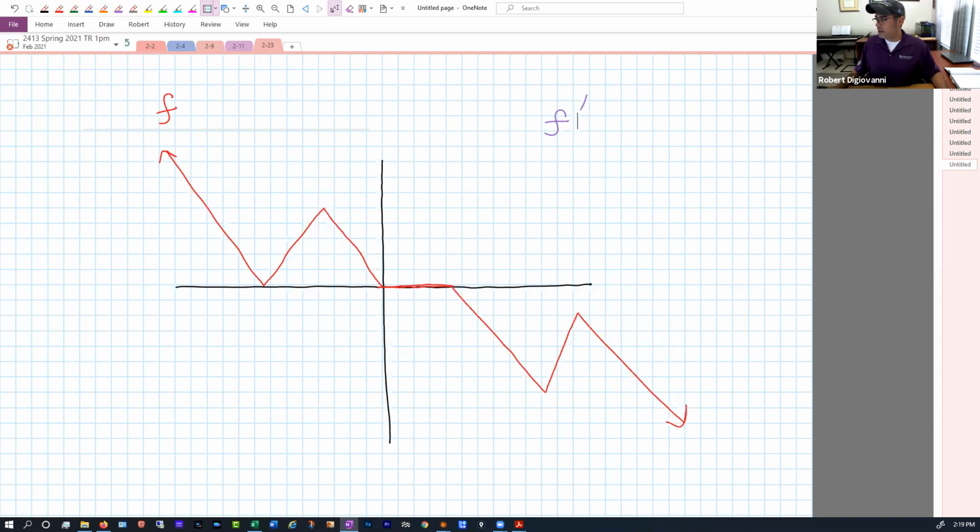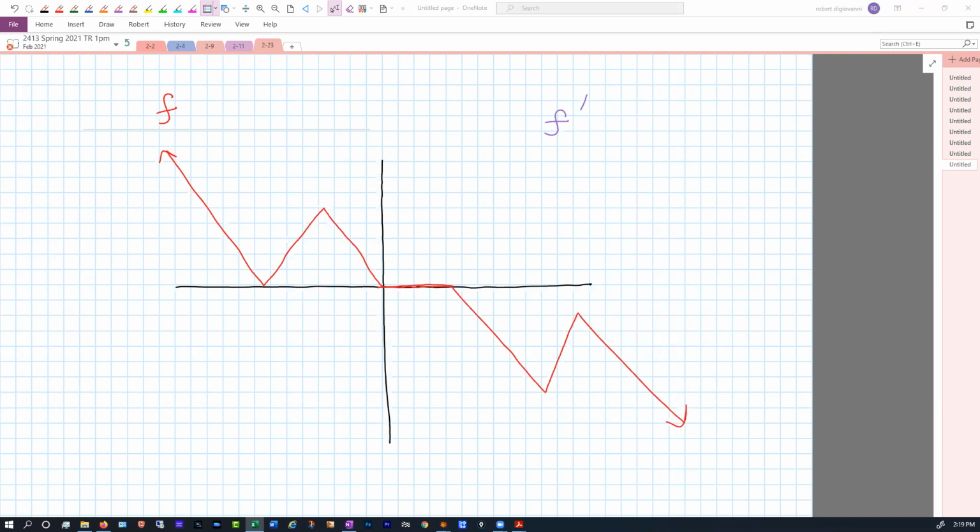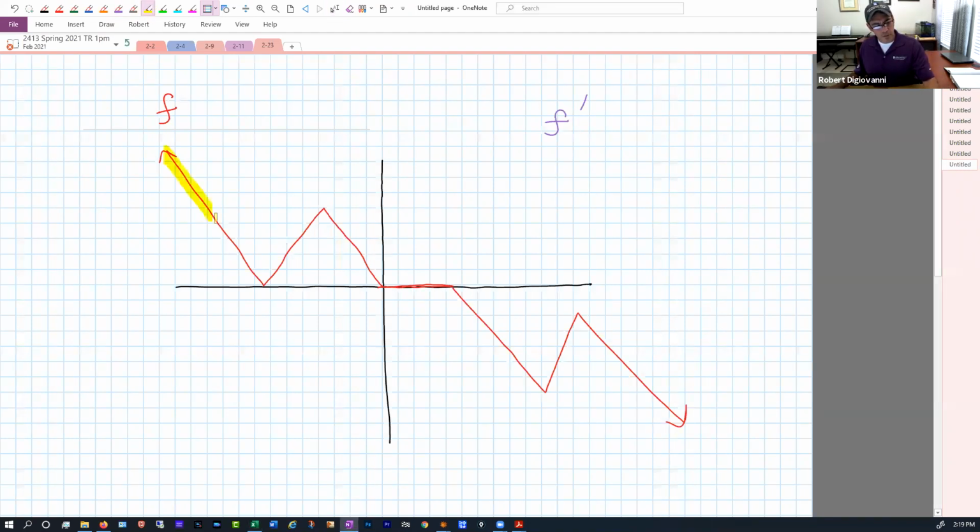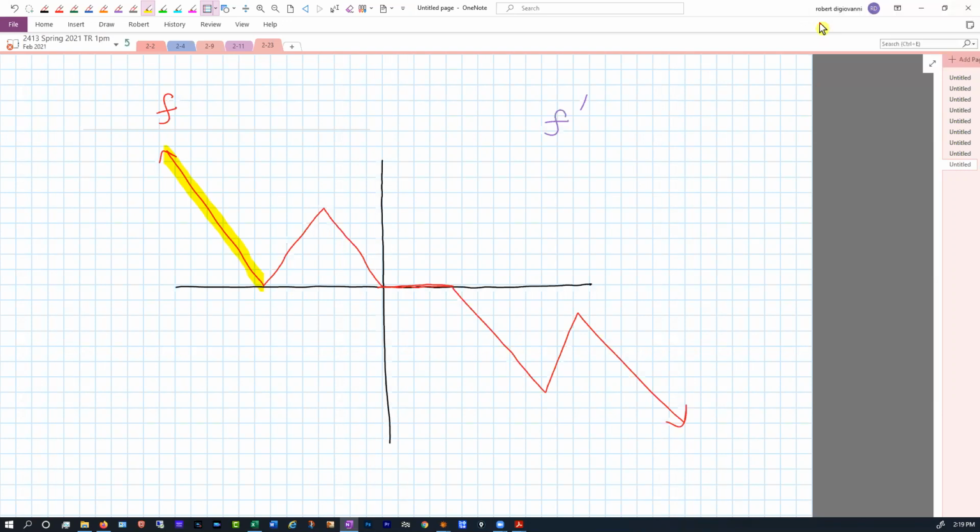Now, what we're interested in doing is figuring out what the derivative looks like. All right, Gene, are you there? Yep. Did I call you already or no? Not yet, no. Okay, Gene, I'd like for you to focus your attention on this yellow region. What can you tell me about the slope of the tangent line at any point in that yellow region? I can tell you that it's negative.